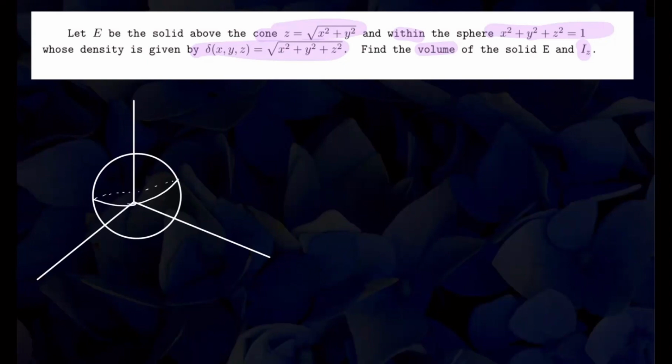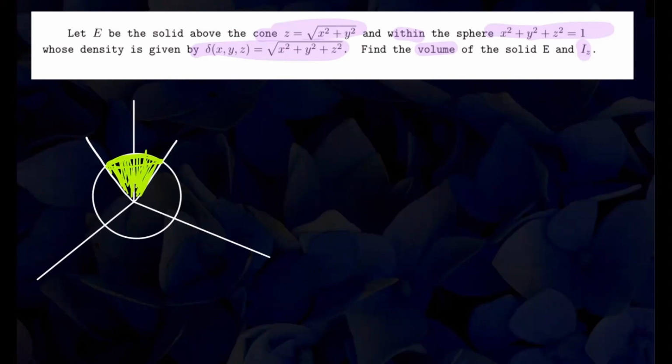Now let's draw the cone. So here's our cone. The portion we're going to be looking at is this right here: above the cone within the sphere. So this is what we're looking at. This is the solid E.